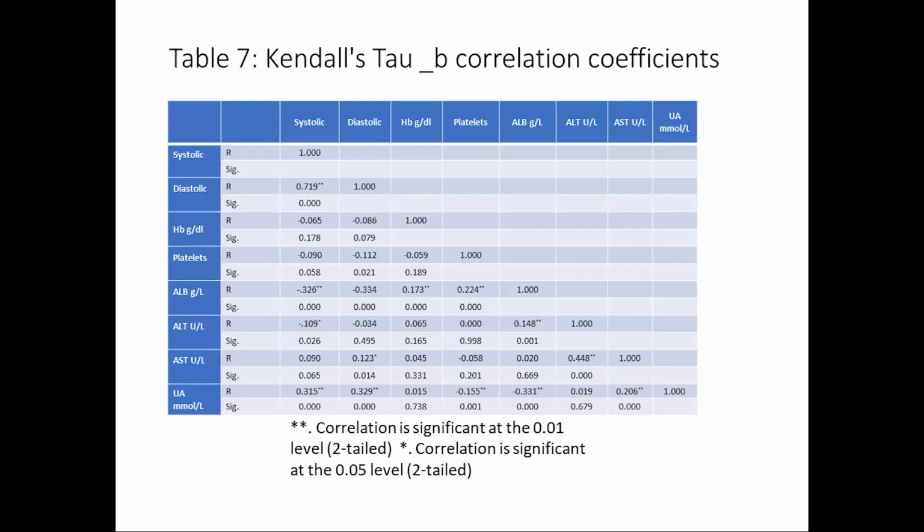The Kendall's correlation coefficient, as you can see, also showed very significant correlations among the variables: the systolic and diastolic blood pressure, the hemoglobin, the platelets, the albumin, the ALT, the AST, and the uric acid.